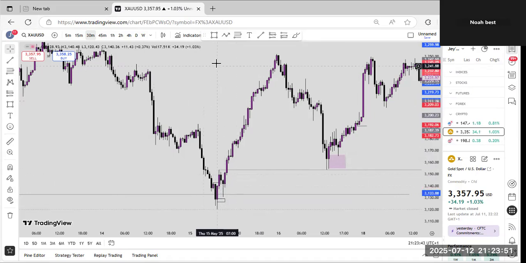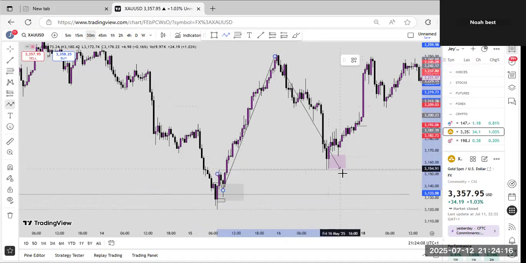We don't expect price to come back down. This zone is already mitigated. After the market structure shift, you see price came down, mitigated this zone. So we don't expect price to come back here. Then price expanded to the upside, came down again, reacted and bought.